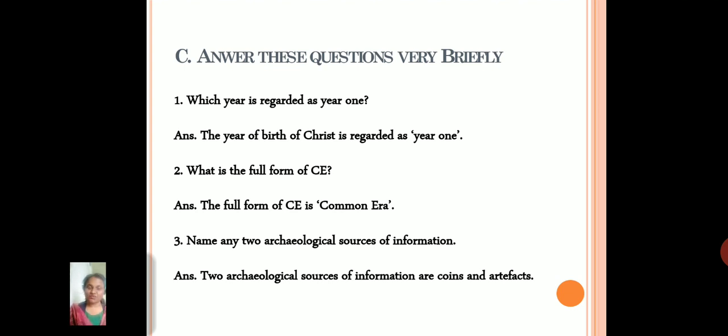I'll just repeat the answer one more time. The year of birth of Christ is regarded as year 1. When you write year 1, don't forget to write it in single inverted commas.